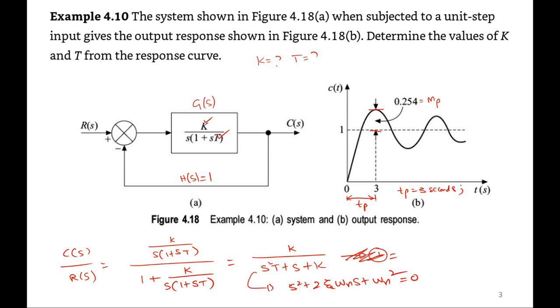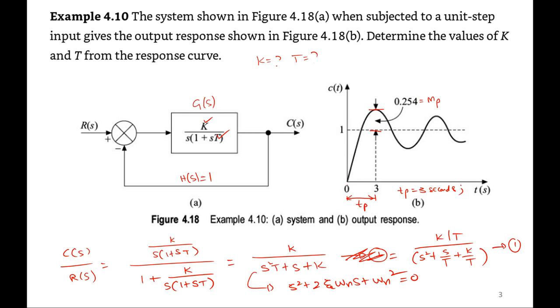Let me take T outside. So T is taken outside, and what I am getting is s square plus s by T plus K by T. Call this equation 1. Now this is of the form s square plus 2 zeta omega n s plus omega n square.